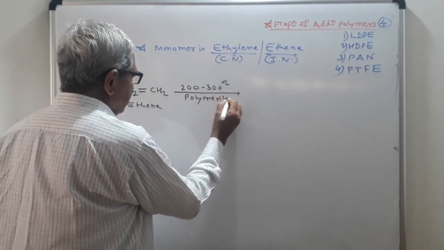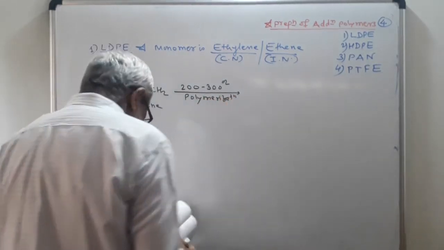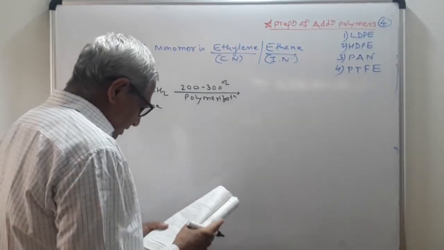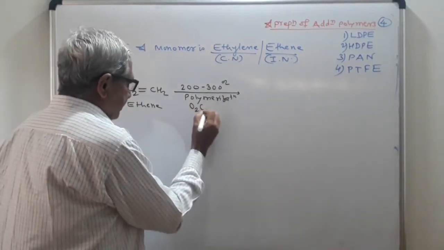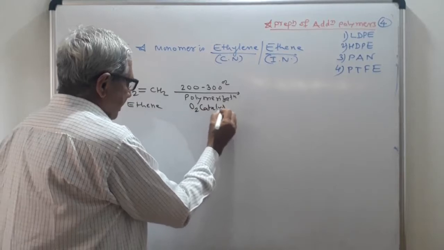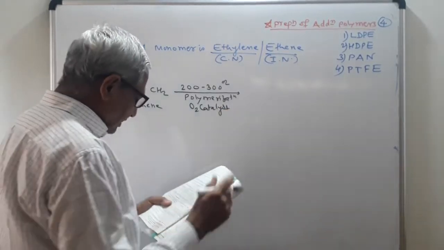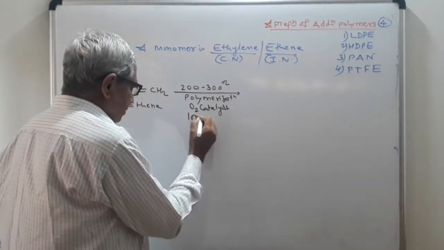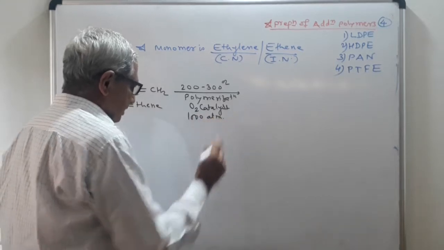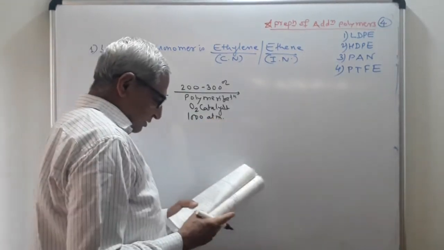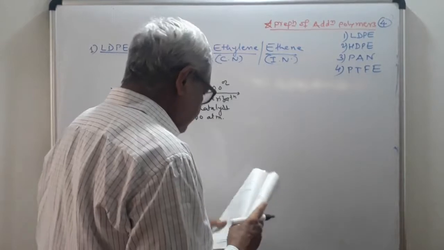This process of polymerization is carried out in presence of oxygen as catalyst, and temperature as well as pressure is high. It is 1000 atmospheric pressure. So you will get here polyethylene.